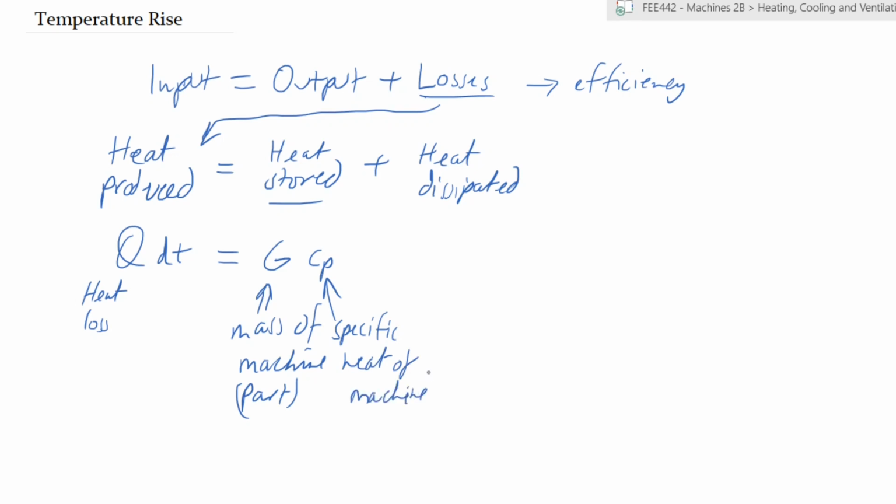What this tells us is that the heat that is stored within the machine depends on the capacity of the machine to retain that heat. And that is also proportional to the mass of the machine itself. So the amount of joules that are retained within the machine as it heats up is determined by its mass and the capacity of the machine to hold heat, which is the specific heat of the machine.